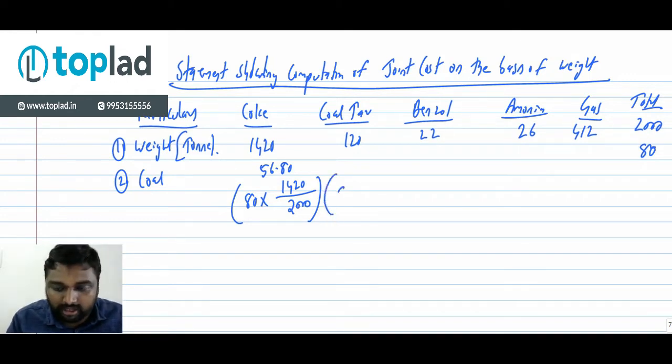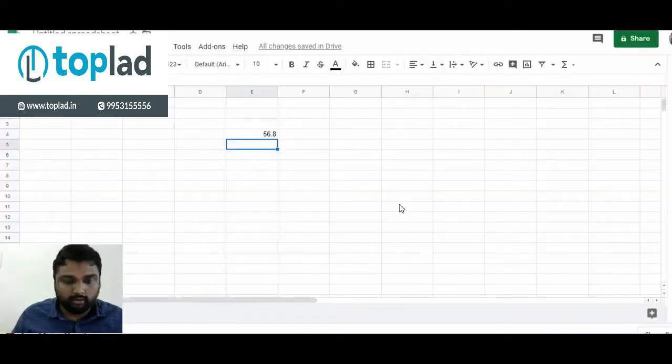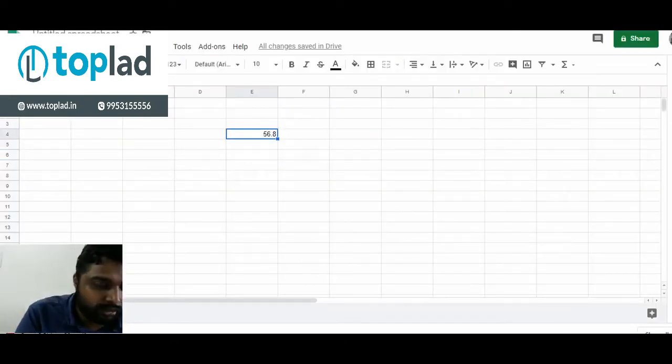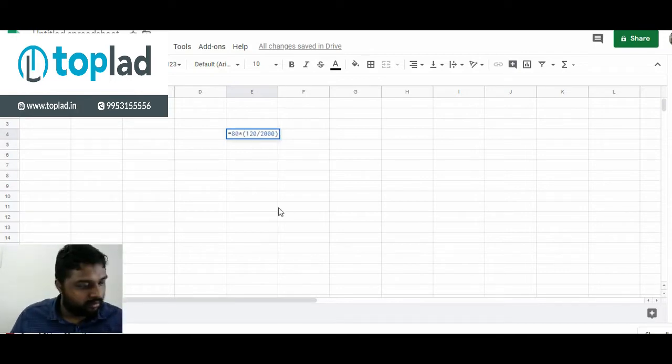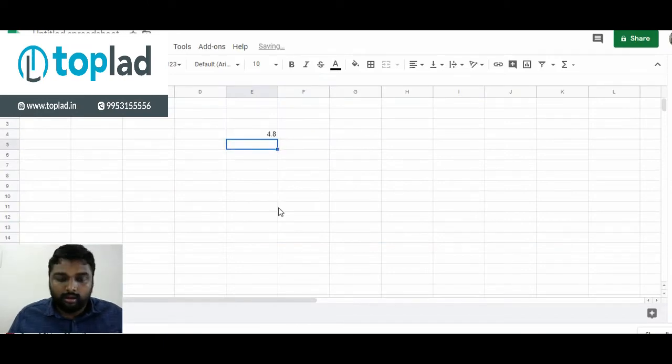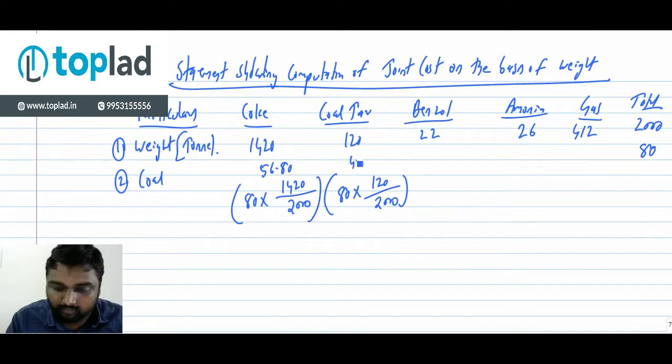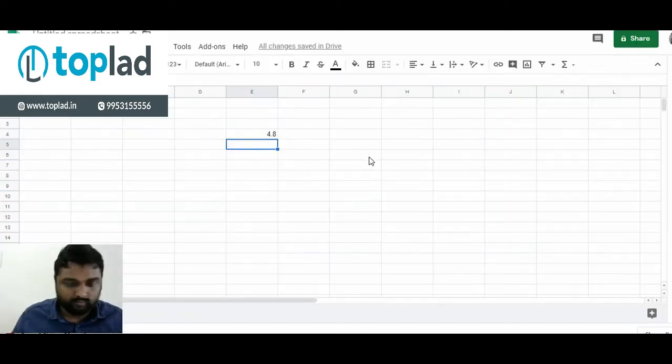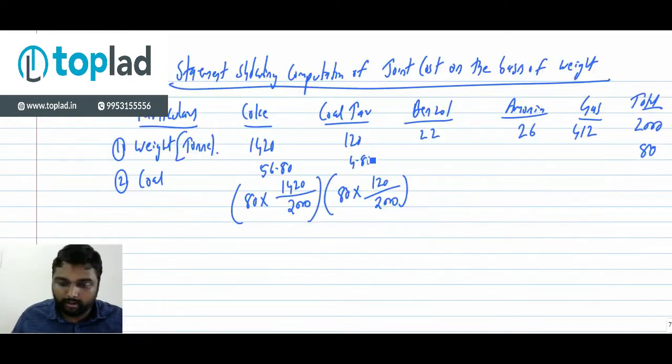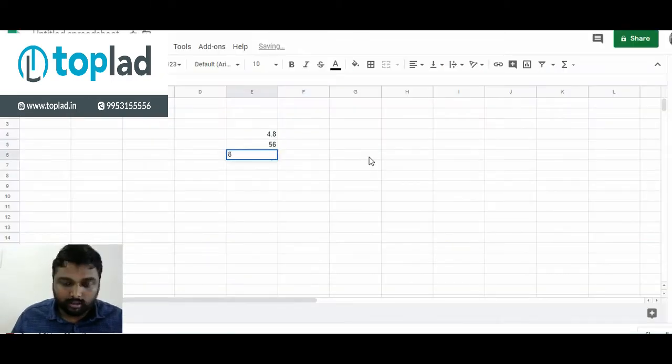For the next item, instead of 1420 we make it 120 by 2000, which gives 4.8.